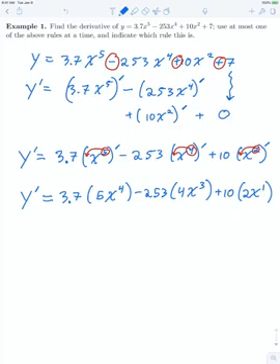Now, it's a very reasonable way to leave this answer. I'm sure many people, though, would like to multiply the numbers together in front, and that's fine, and we can kind of clean up a little bit. So 5 times 3.7 is kind of hard. Let's see, 5 times 3 is 15. 5 times 7 is 35. Carry the decimal place over.